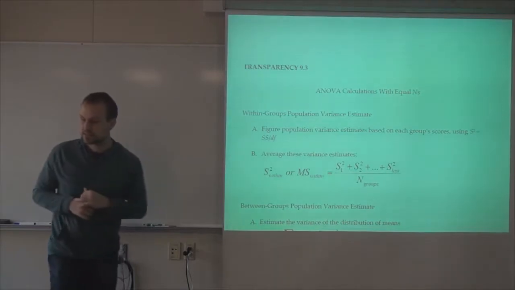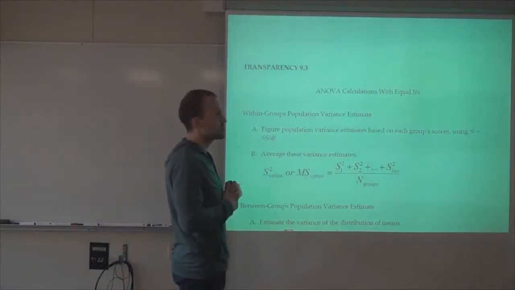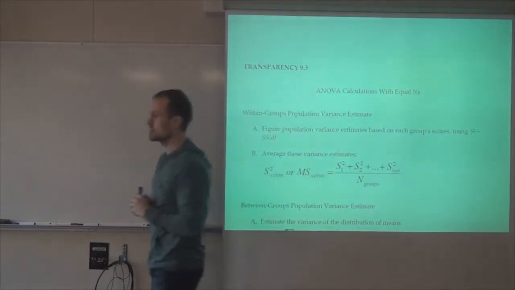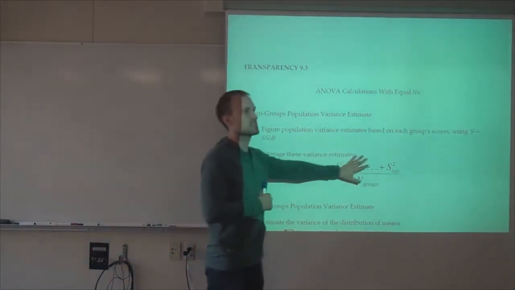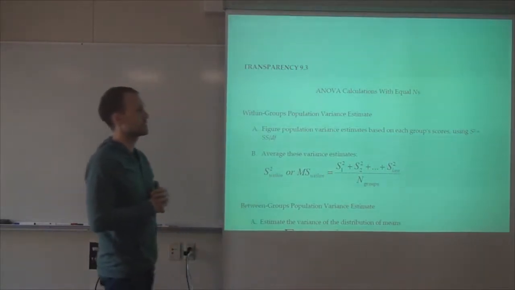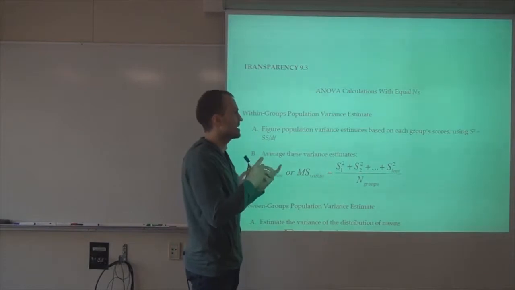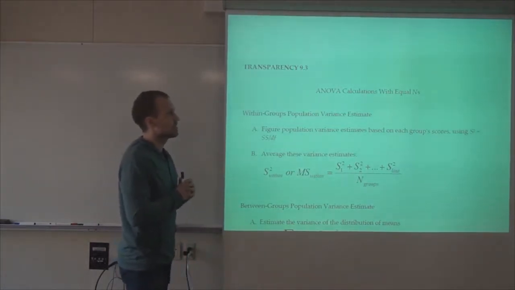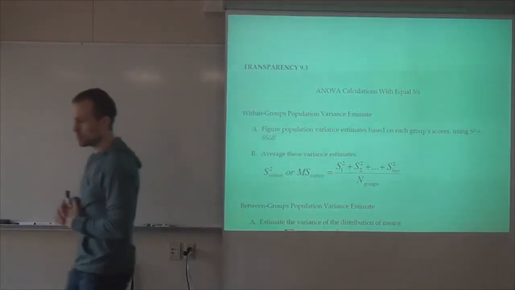Now, to make this fairly simple, I'm going to assume that all the sample sizes are the same, since it'll make the formula easier to work with. I can have the sample sizes vary a little bit, but just to keep these formulas simple, to get the idea across, we look at the simplest situation where the sample sizes are all the same.